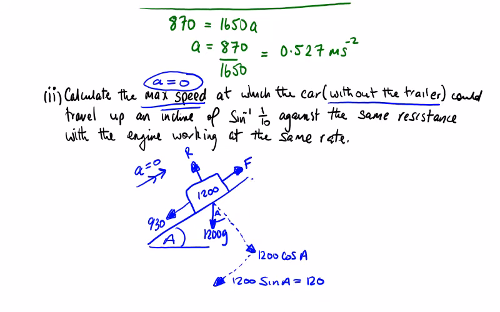So we're going up, so we're starting with F. So F, what's going back? We have our 930. We also have this 1200 sine A. I think my G should be 120G, so minus 120G. And that would be equal to 1200 times the acceleration. With that max speed, it's going to be 0.